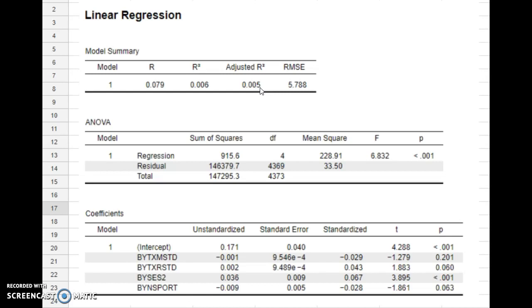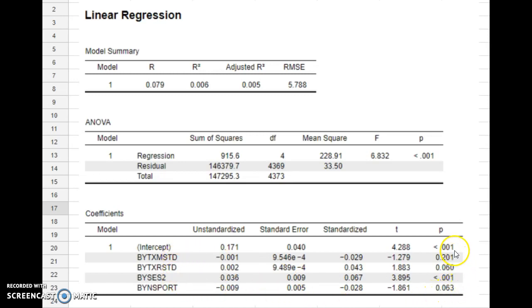So right away we're thinking, we do have a significant model, but it turns out that whether or not a student volunteers in their mid-20s doesn't seem to be predicted that much by these four variables. However, let's go ahead and look a little bit at what we had on these four individually.